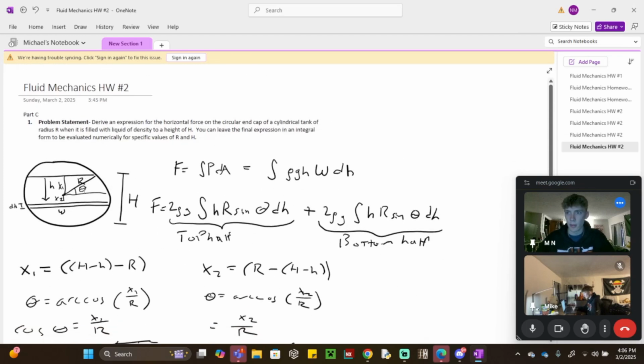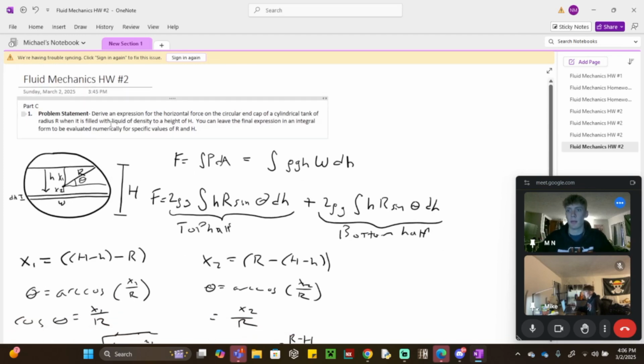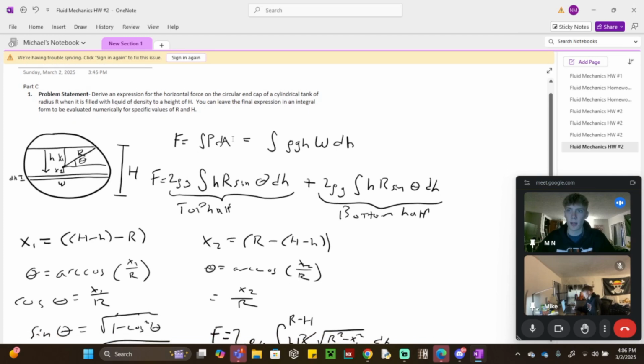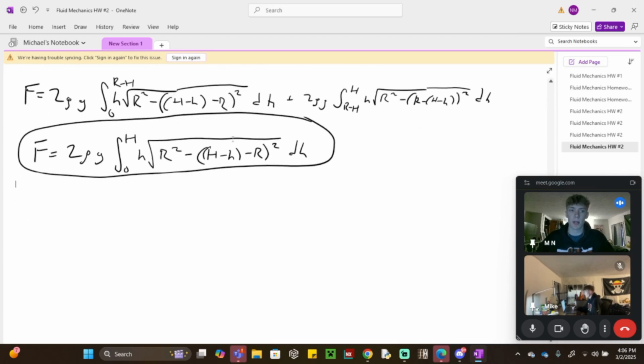And this is the expression for the horizontal force on the circular end cap of a cylindrical tank of radius R when it is filled with a liquid of density rho to a height H, leaving the final expression in an integral to be evaluated numerically for specific values of R and H.